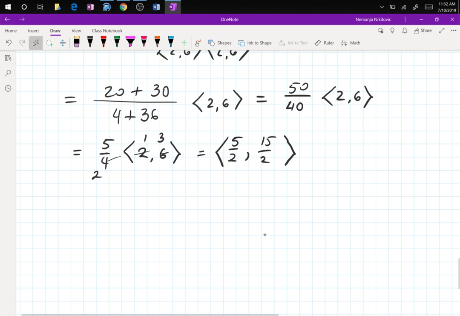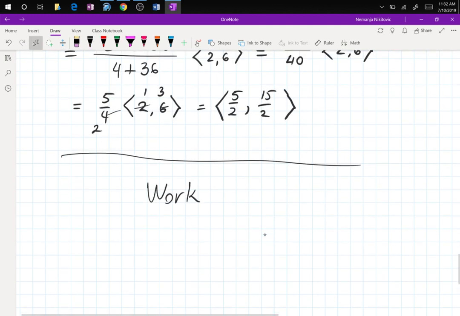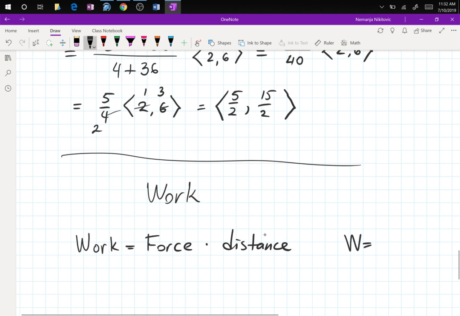Clearly, calculus based is the one that is needed for all of you fine engineers. Now, in basic physics, algebra and trig based, work is simply defined as force times distance, denoted as W equals F times D.